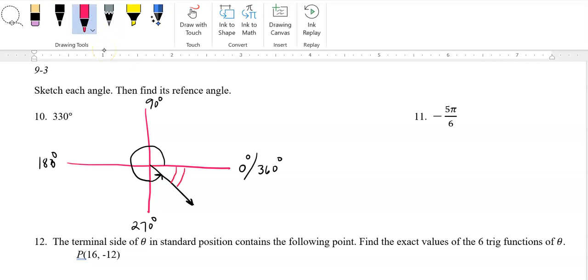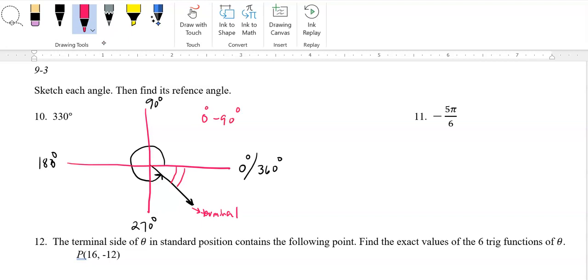It's always between the terminal side of the angle, so this is called the terminal side, and the x-axis. Notice on your quiz some people were wanting to make it here, but the reference angle is never made with the y-axis. It's always made with the x. And it's always between 0 and 90 degrees, so it's never negative.